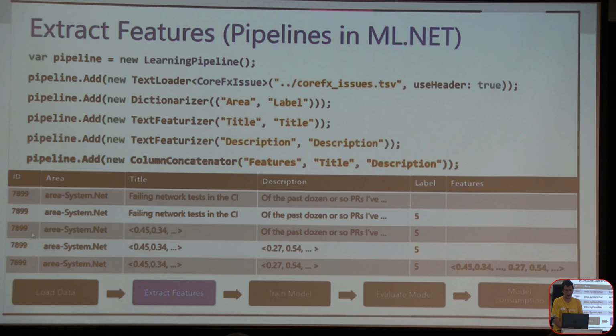So actually back here we can see system.net is the area here. That's what they're dictionarizing up here. Area, they're converting it to label. So area-system.net has a label of 5. So it just converts that to a numeric value. It's a key to look it up by in the future.